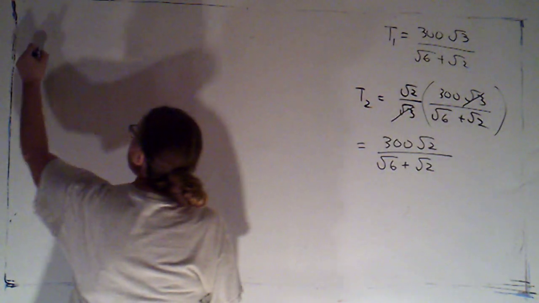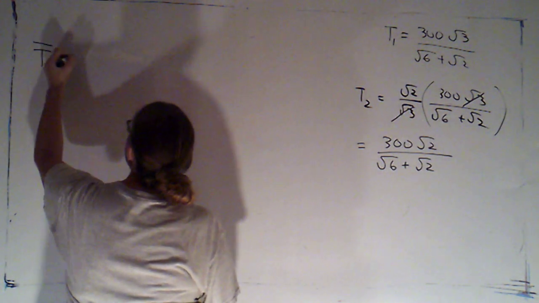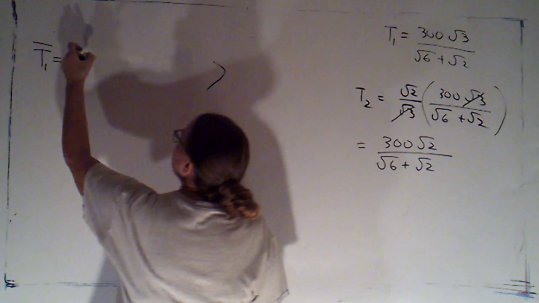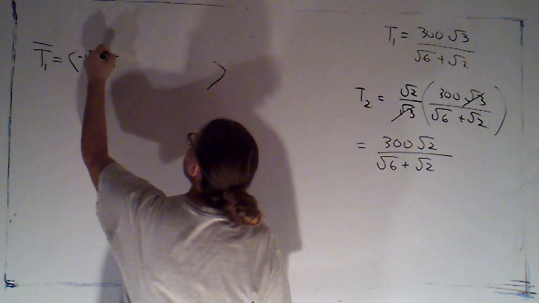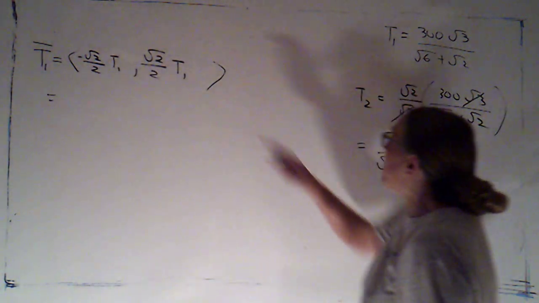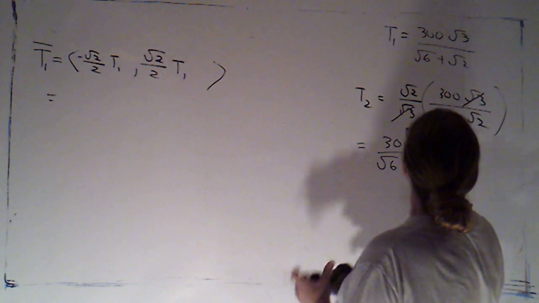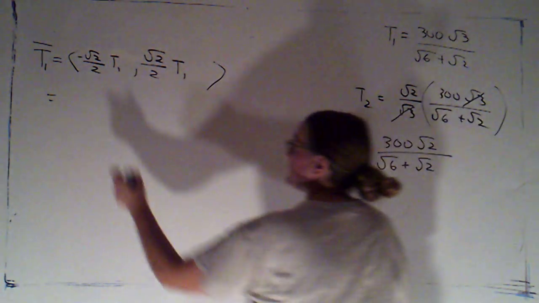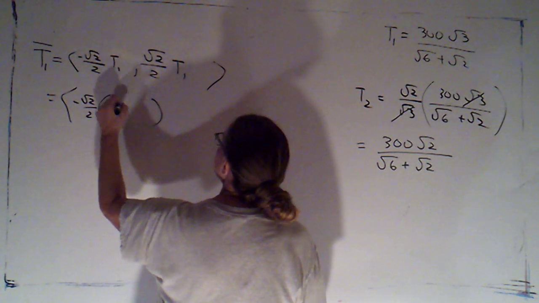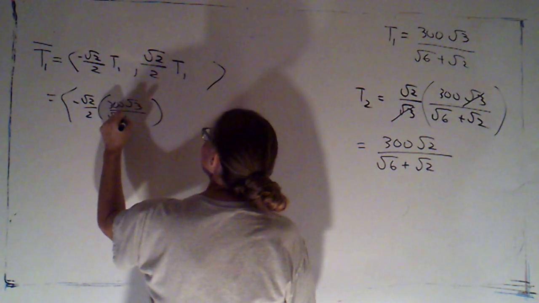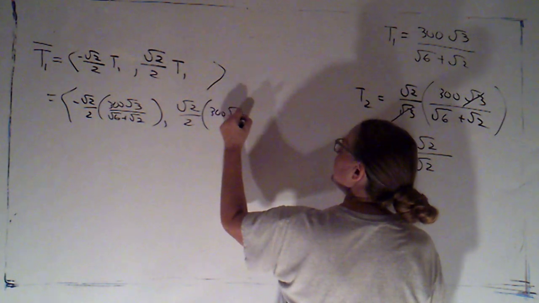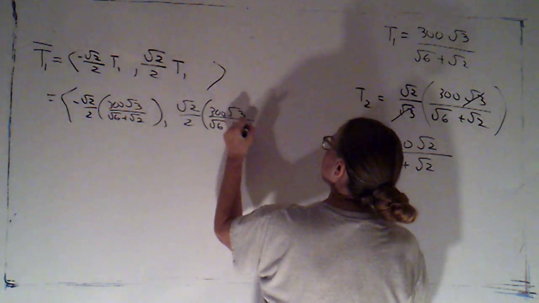And then we can say T1, the vector, let me just remind us, that was negative root 2 over 2 times T1, comma, positive root 2 over 2 times T1. But now I know what that magnitude is. So we're going to have negative root 2 over 2 times 300 root 3 over root 6 plus root 2, comma, root 2 over 2 times 300 root 3 over root 6 plus root 2.